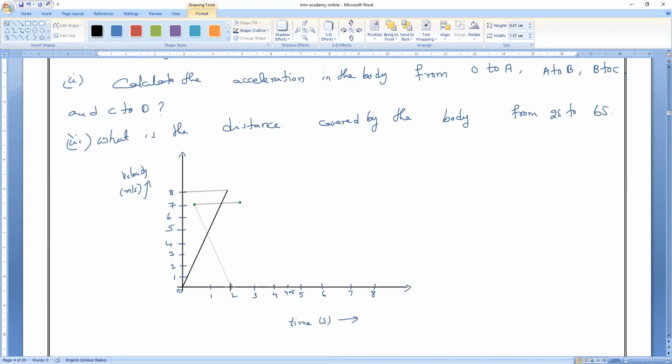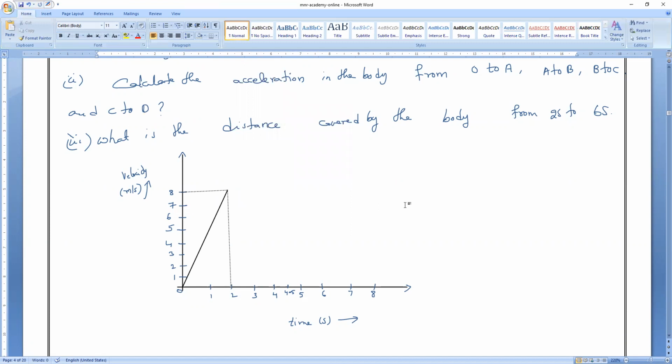Okay, next I'm taking towards point A. Everybody understood the first graph? Yes, sir. So velocity is how much? 8 meters per second, and time is how much? 2 seconds. Yes or no, guys? Yes, sir.